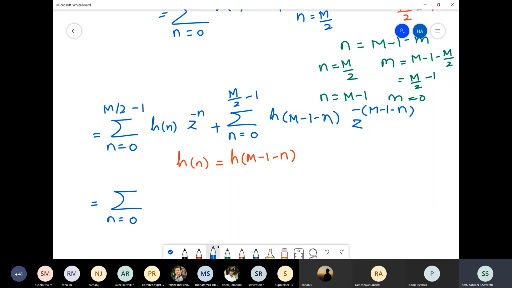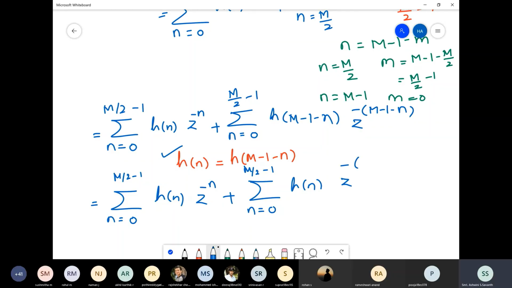Summation n equals 0 to M by 2 minus 1 h of n z to the power minus n plus summation n equals 0 to M by 2 minus 1. Here I am going to substitute h of n, because this condition of symmetry is satisfied for an FIR filter. So in place of h of M minus 1 minus n, we put h of n, z to the power minus of M minus 1 minus n.